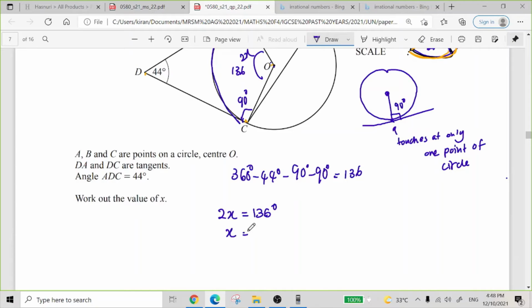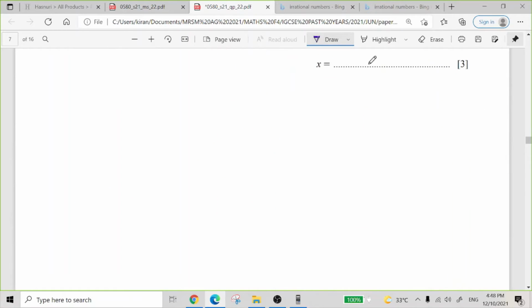So x is 136 divided by 2, 68. So the answer here is 68.